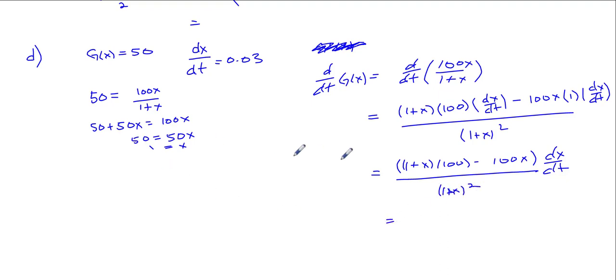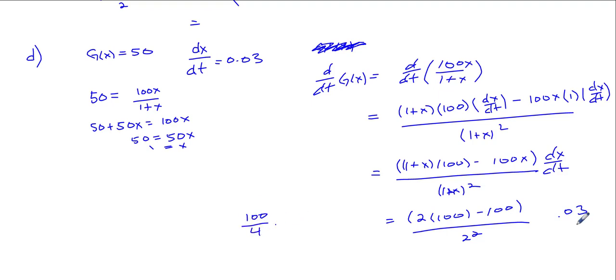Well, x is 1, dx/dt is 0.03. So that would be 2 times 100 minus 100 all over 2 squared times 0.03. That's all numeric, good to go. But here's the deal. That's 200 minus 100, so that'd be 100 over 4.